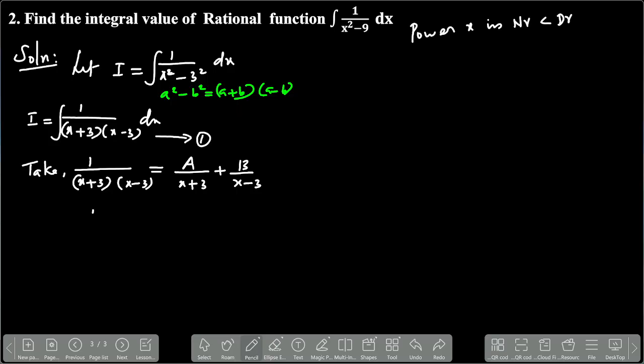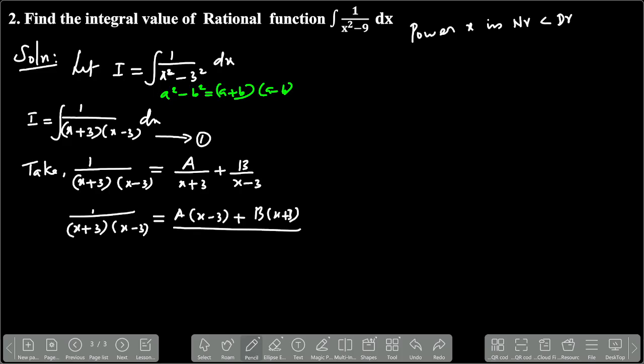Now separate. Take the LCM. Because you have only two terms, it is easy to do this cross multiplication: a into x minus 3 plus b into x plus 3, divided by x plus 3 into x minus 3.